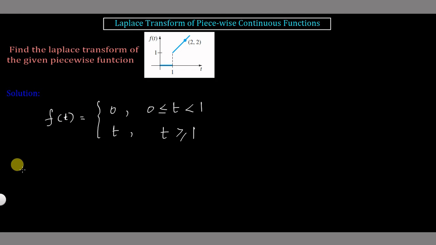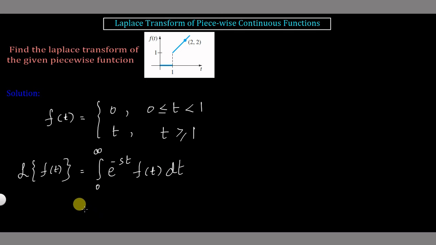According to the definition, the Laplace transform of this function will be the integral from 0 to infinity of e raised to the power minus st times f of t. This is our definition of the Laplace transform.